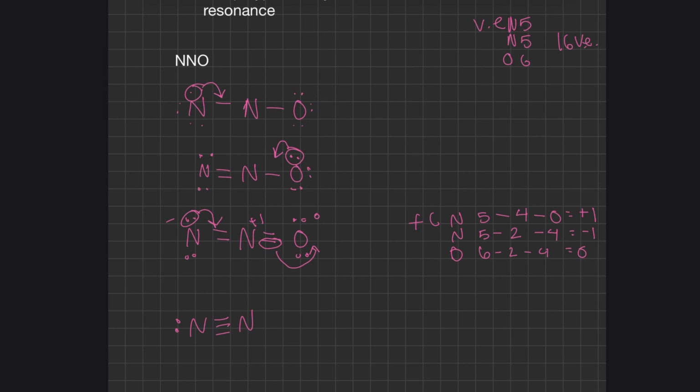So let's go on to our next one. We're going to be doing our 1, 2, 3 method. We're going to be stealing a lone pair from this N, moving it in to make a triple bond, stealing a bond from N to O and putting a lone pair on O, making it 6 electrons on O. So N triple bond N, single bond O, 6 electrons.